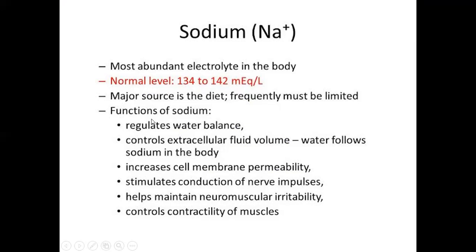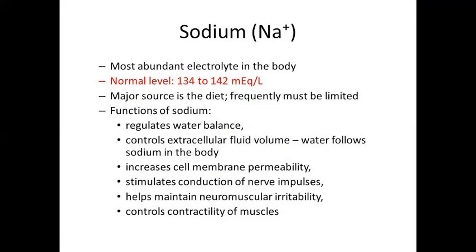Coming to the functions of sodium, it regulates water balance and maintains the normal hydration and osmotic pressure. Sodium and potassium ions help in maintaining the normal osmotic pressure in the body and protect the body against extra loss of fluids. It controls the extracellular fluid volume.